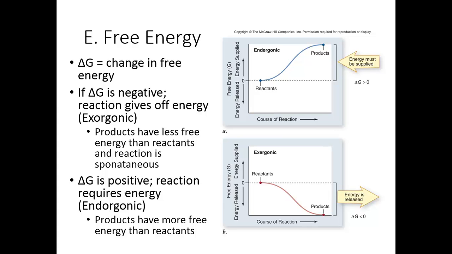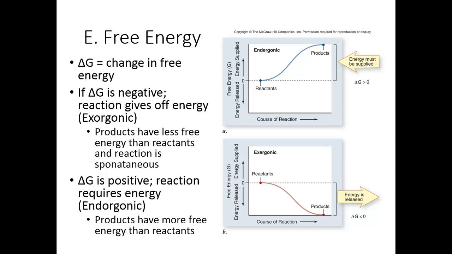So that's a spontaneous reaction. That would be like your room just becoming messy. That's just going to happen spontaneously. If the change in free energy is positive, that means it requires energy. Okay, that would be like cleaning your room.